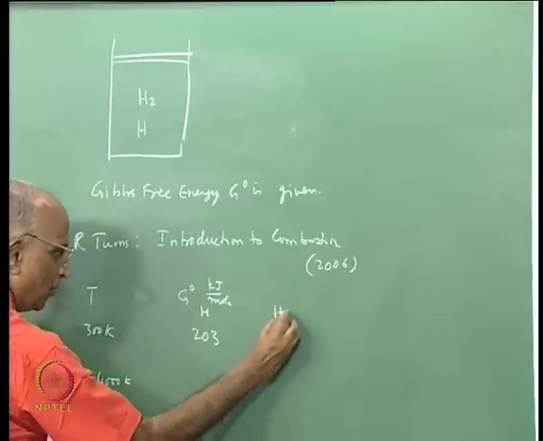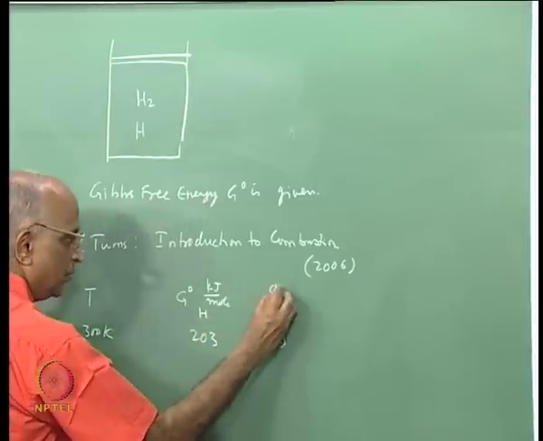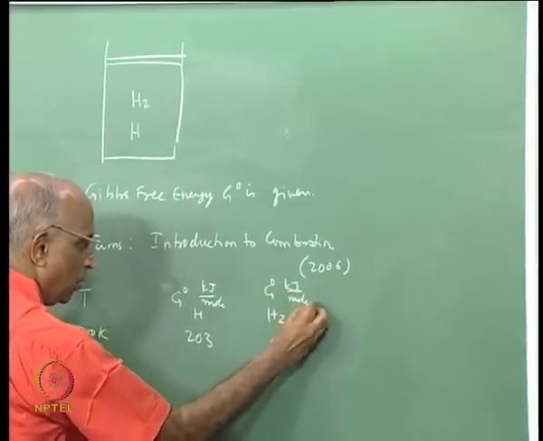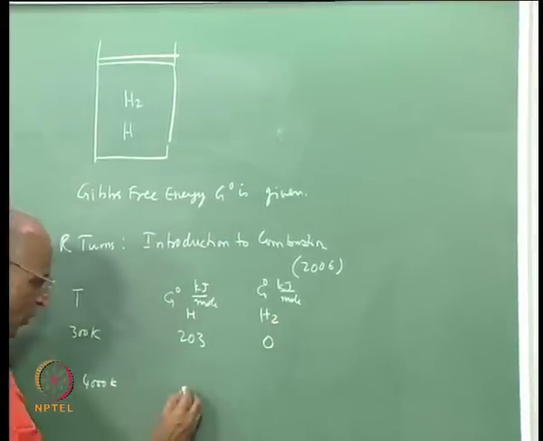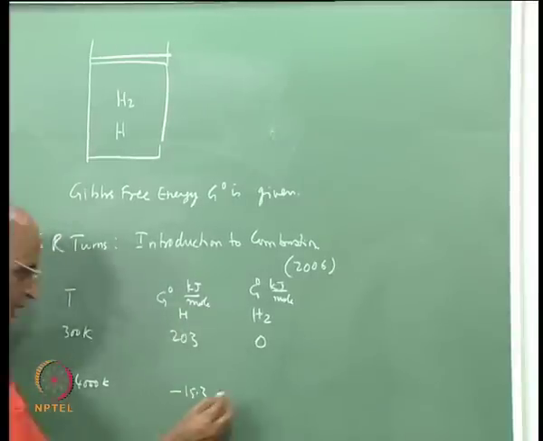For H2 it is 0. At 4000 the value is minus 15.3 kilojoule per mole, and for H2 it is again 0.